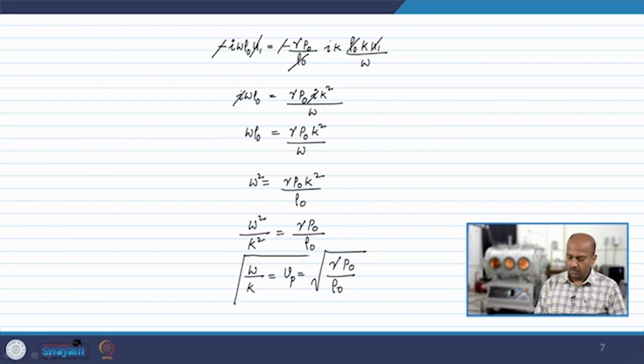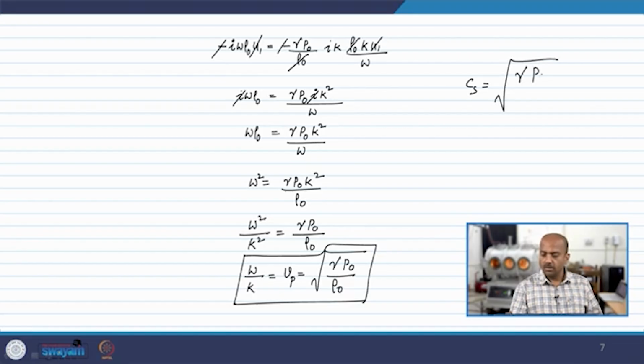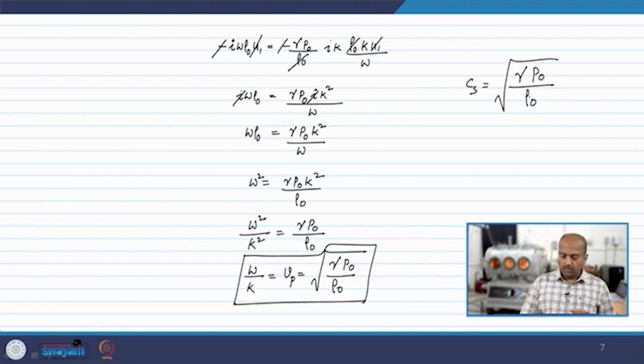So, what is this velocity? It is the velocity of a wave which is being transported in the plasma. It resembles something that we know very well: the speed of sound in a medium is the square root of γ times P0 by ρ0, pressure by density basically.